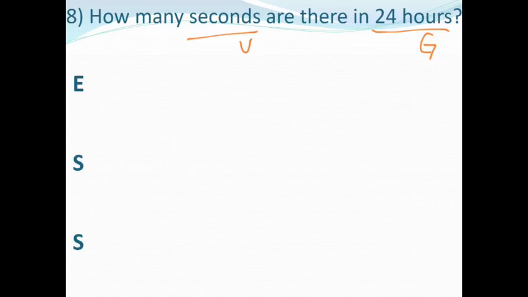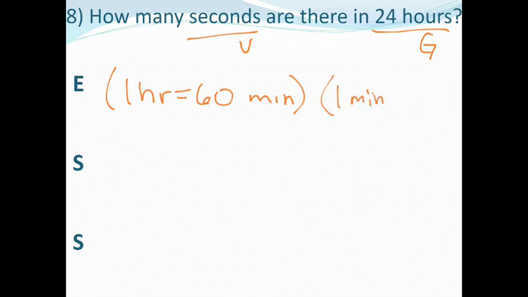Well, if you're saying there's 24 hours in a day, you're right, but that's not going to help us get closer to seconds. So hopefully you also know that 1 hour is 60 minutes. Okay, that's great, but that's not getting me all the way to seconds. So what else do we know? Well, 1 minute is 60 seconds.